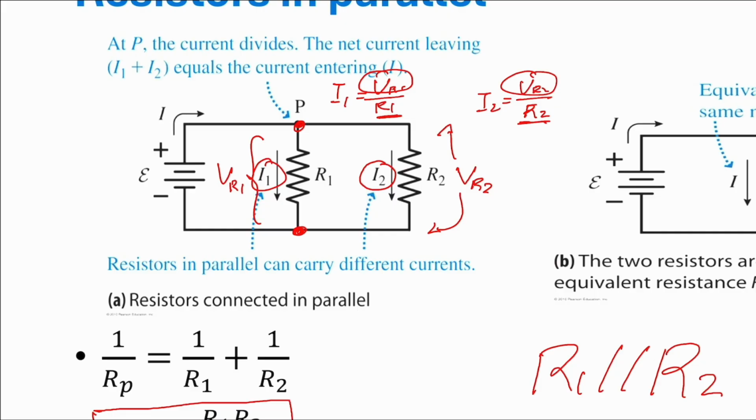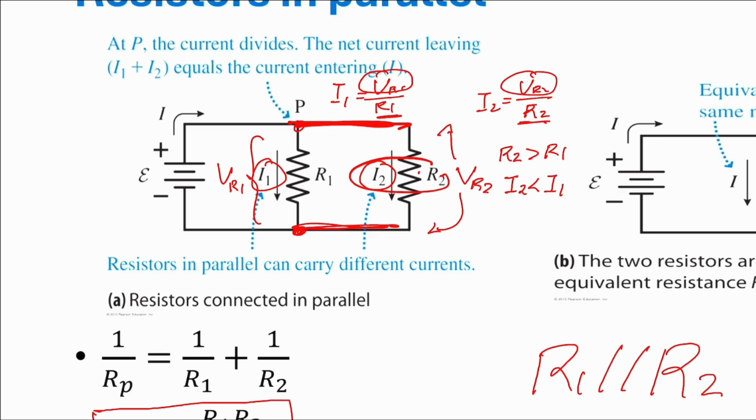Also, one important point is the higher the R: if R2 is bigger than R1, then I2 will be less than I1. They share the same potential. The higher the resistance, the lower the current.